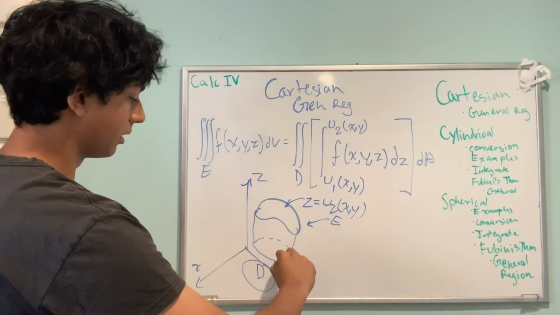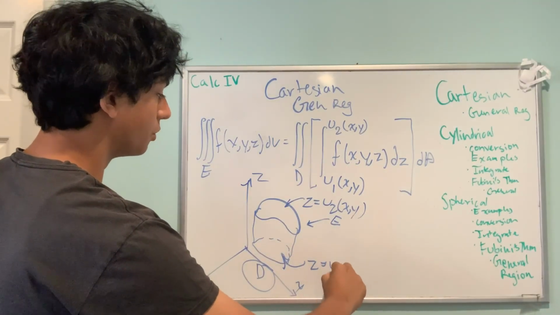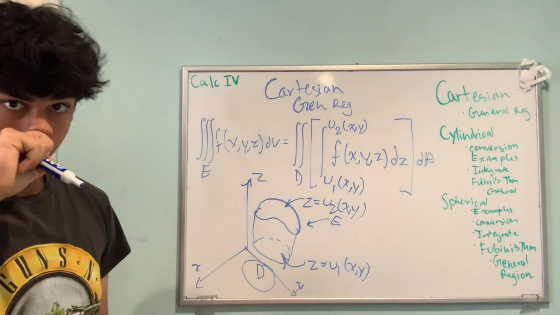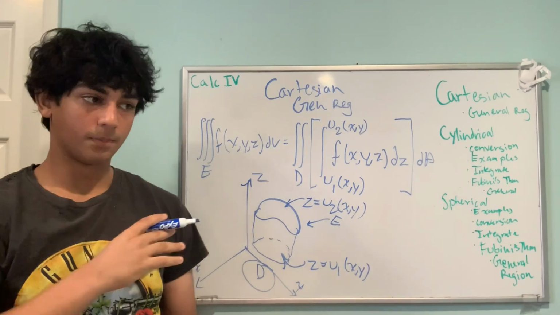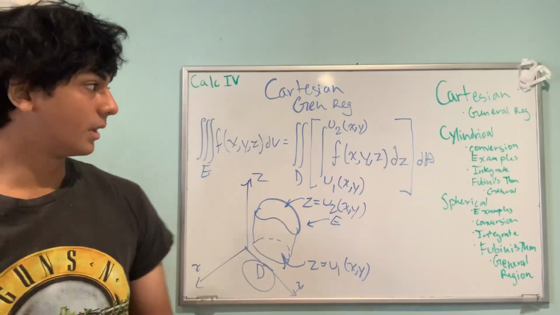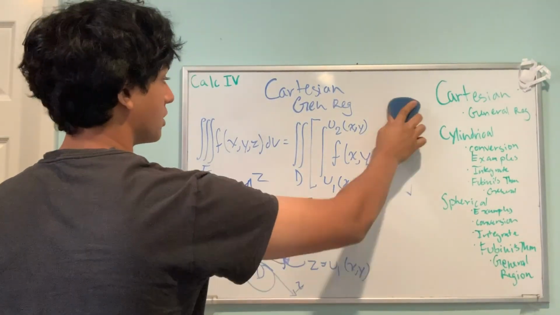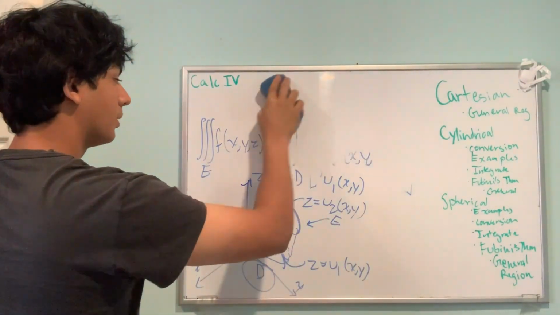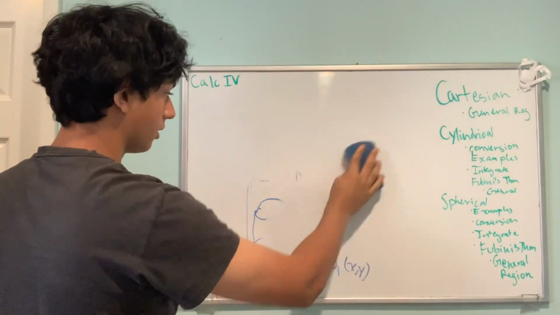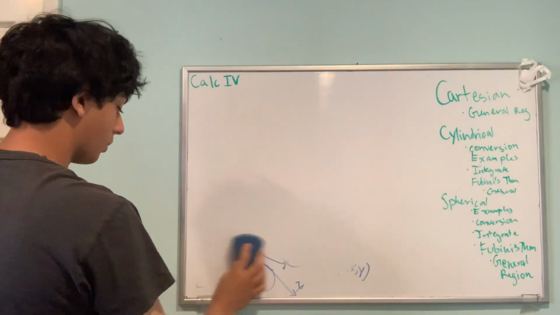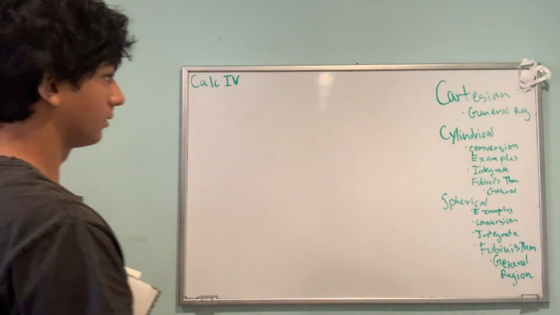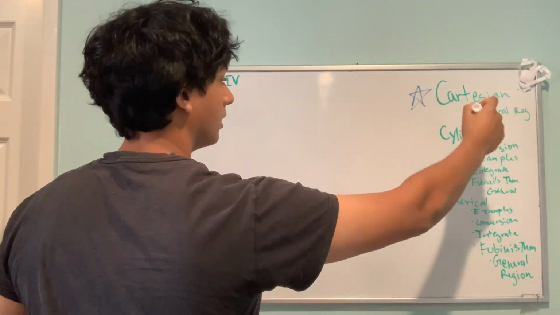And this bottom part here is z equals u1(x,y), which is our lower bound of this non-rectangular solid. That wraps up general regions for the Cartesian coordinate plane. Pretty simple compared to the other ones here, which are a little more abstract to think about because we're not really used to those graphing systems yet, at this level of math.